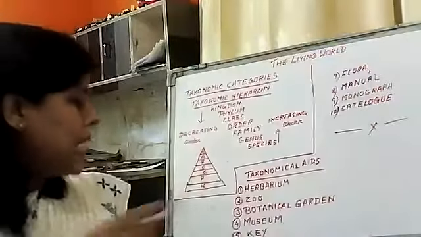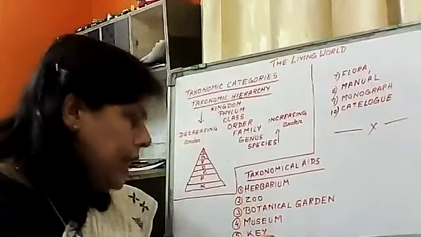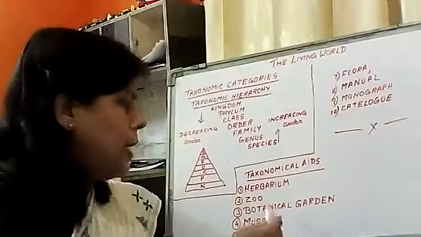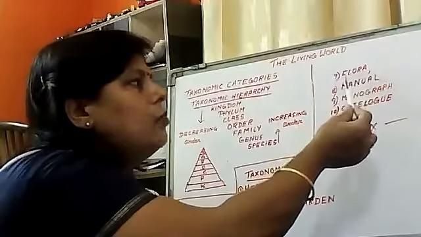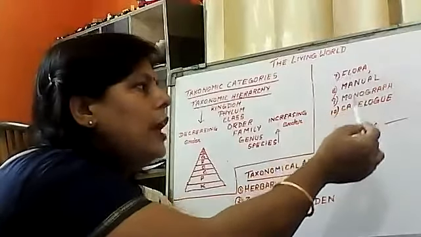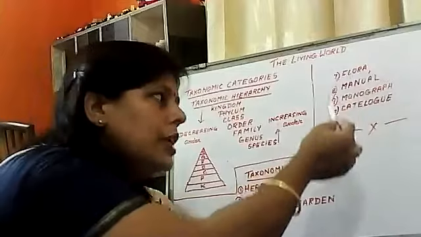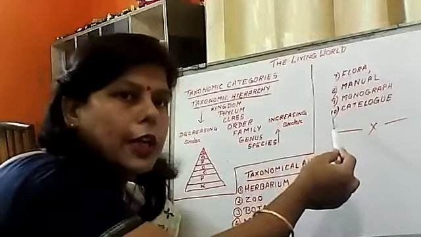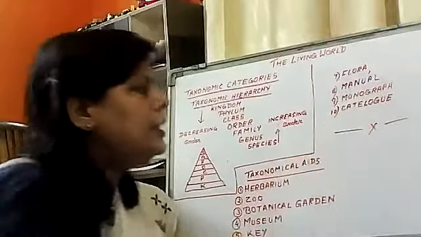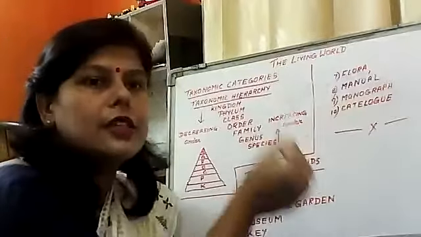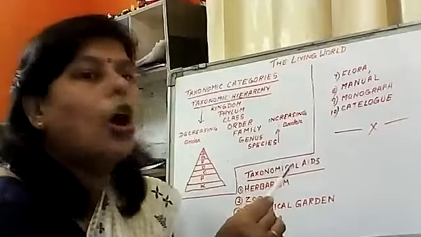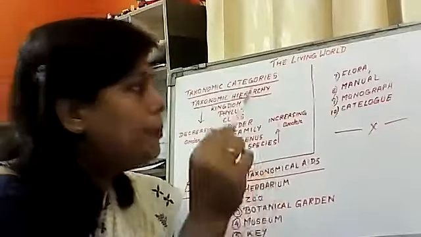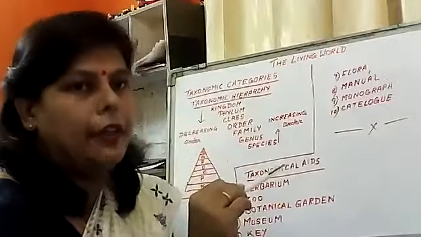So these are the main aids or tools explained. Besides this, in your book, a few more terms are given. One is flora, manual, monograph, catalog. These are also in the form of books, but some differences are there. Flora is a book consisting of the information of all the plants present in a particular area.